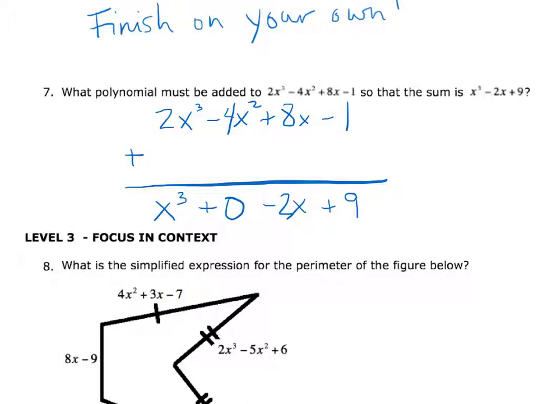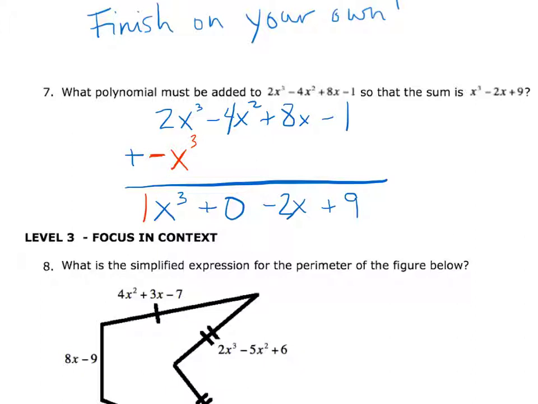Now let's look carefully. What do you have to add or subtract from 2x cubed to get you to 1x cubed? Well, you'd have to subtract 1x cubed. Okay? Now, how can you get from negative 4x squared to 0?